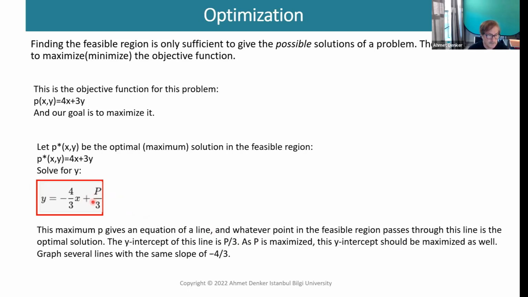As p is maximized, this intercept should be maximized. So we draw a number of lines with a slope of -4/3, and we look at the y-intercepts, and the one with the largest y-intercept is going to be the optimal solution, because the largest y-intercept means largest p/3, and it means largest p, and this is what we are looking for.